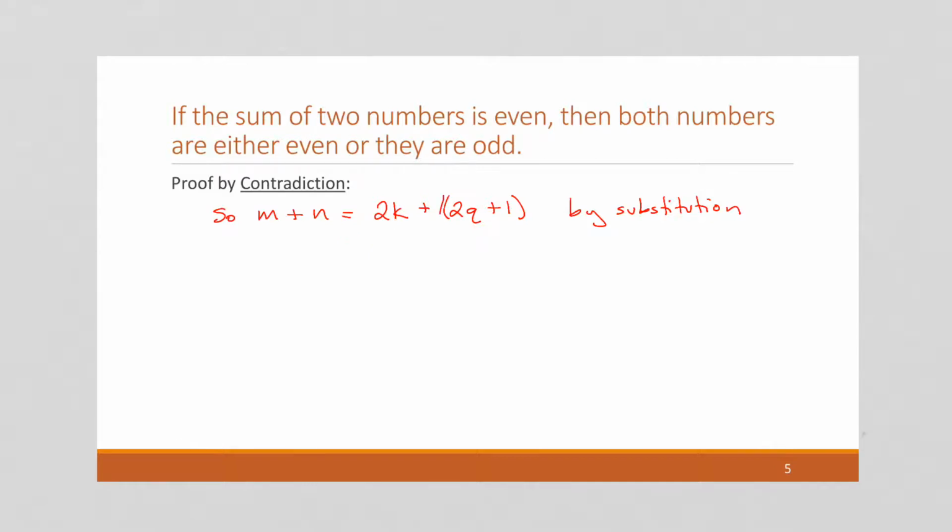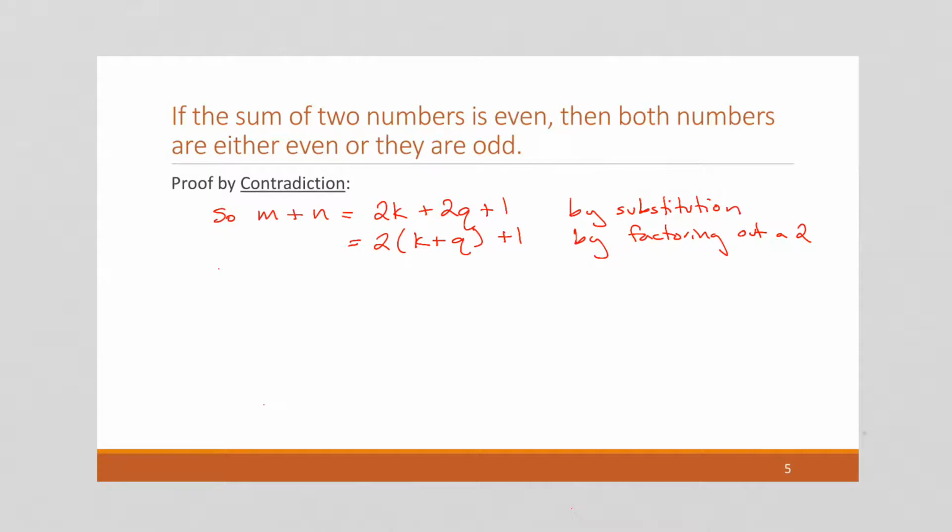I can just write that as 2k plus 2q plus 1 because there's no negative sign to distribute. And I can factor a 2 out like that. This is by factoring out a 2.